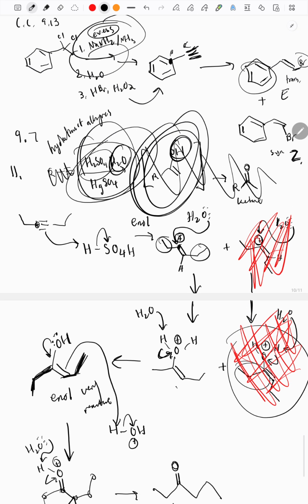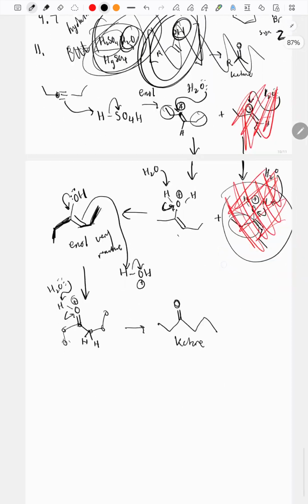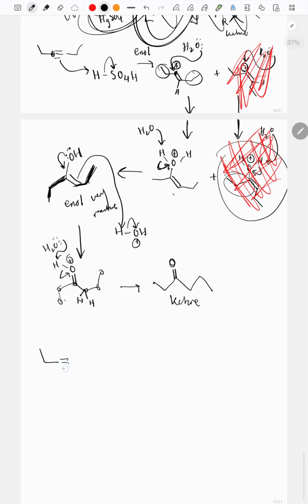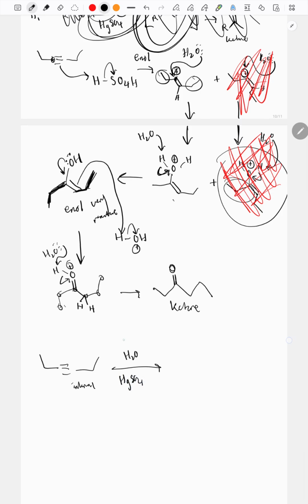Basically what we learned from my mechanism was that if we start off with an alkyne, this is internal in this example, and use hydration of alkynes, which means we react with water, mercury sulfate, and most importantly sulfuric acid, we will get a ketone.